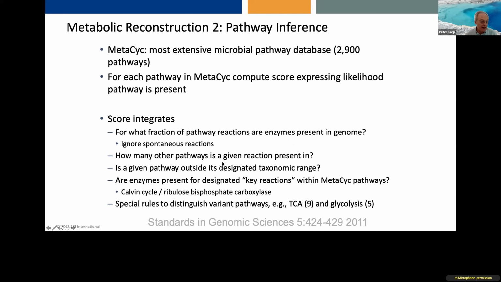We also weight the score given to the component reactions by the number of pathways a given reaction is present in. In other words, if we have one reaction that's present in 10 pathways, and that can happen, then that one reaction will provide very little evidence for the presence of any one of those pathways.